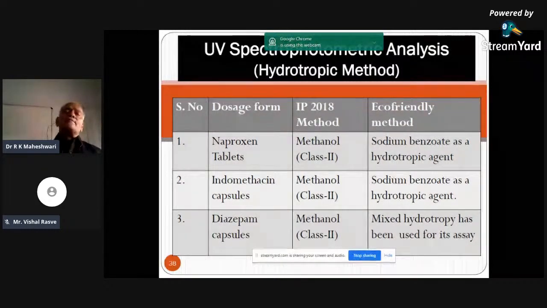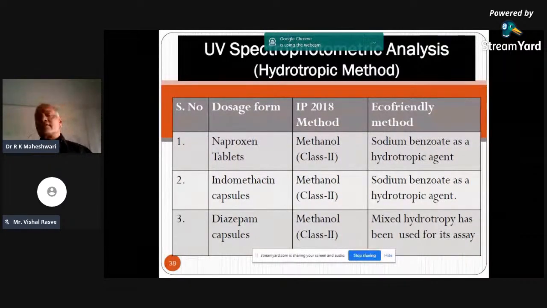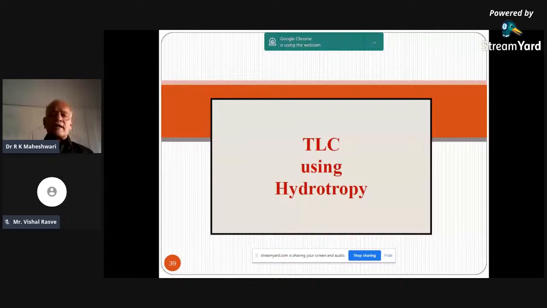And diclofenac sodium has a peak at 276 nm. Okay, urea will not interfere in that estimation. Atenolol about 264 nm peak. There is no interference of urea. It can be used. Similarly, in all of these, methanol is involved. So methanol can be replaced by these hydrotropic solvents. So many things can be done in this way.